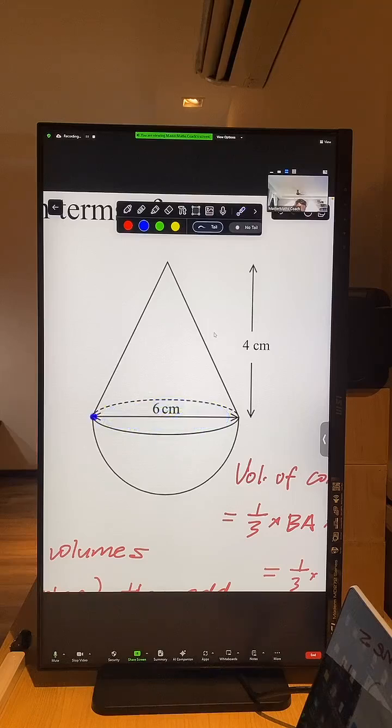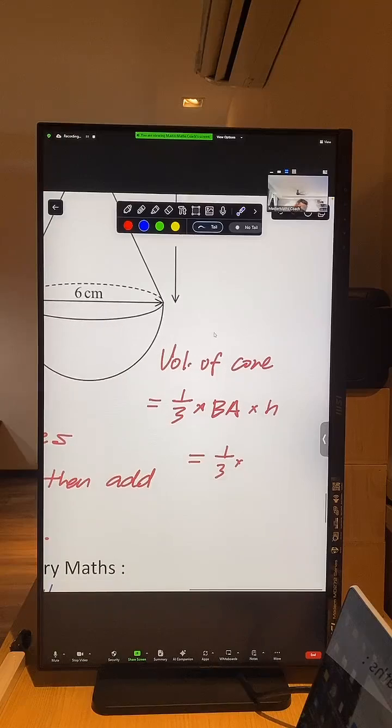It has a diameter of 6 cm, so the radius will be 3 cm. To find the area of the circle, you take pi r square, where r is 3, and then you square it. Then you multiply it with the height. Don't forget the height over here. We have to multiply it with the height to find the volume of the cone.